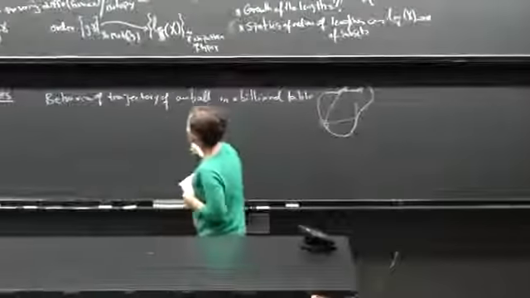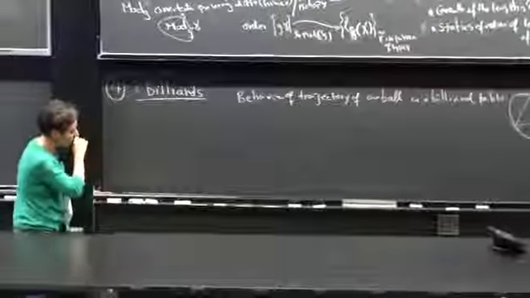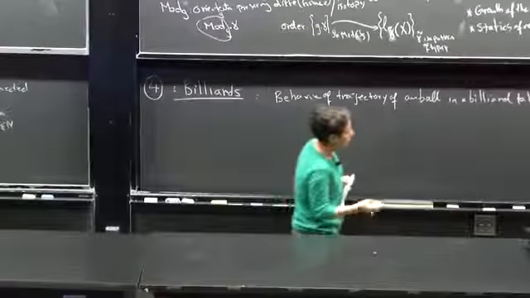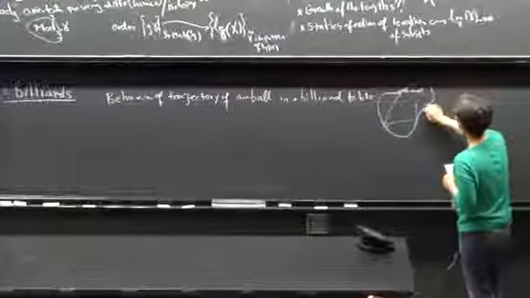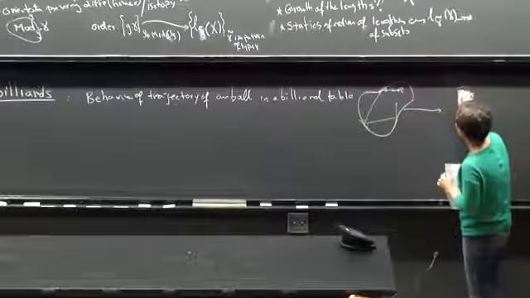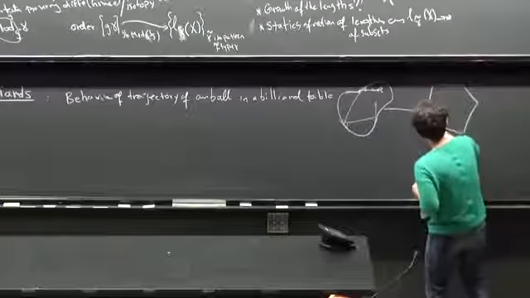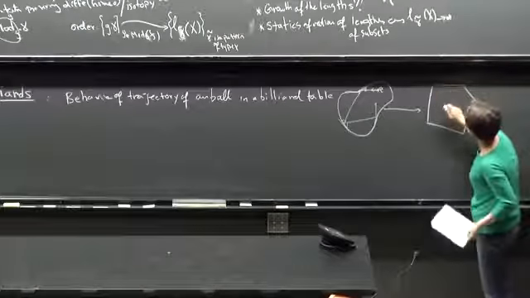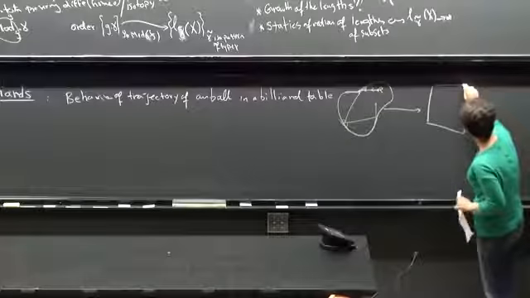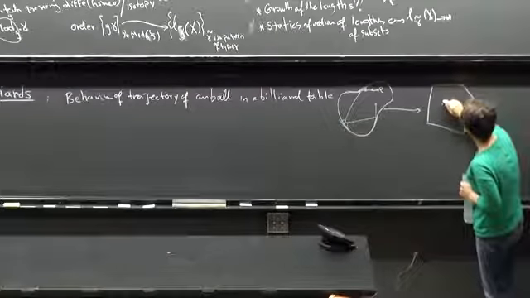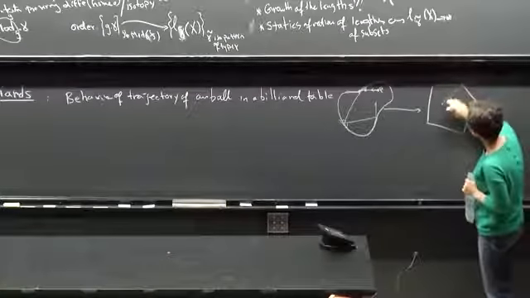Instead of having a smooth table, we can also look at the polygon billiard. The conditions are the same.